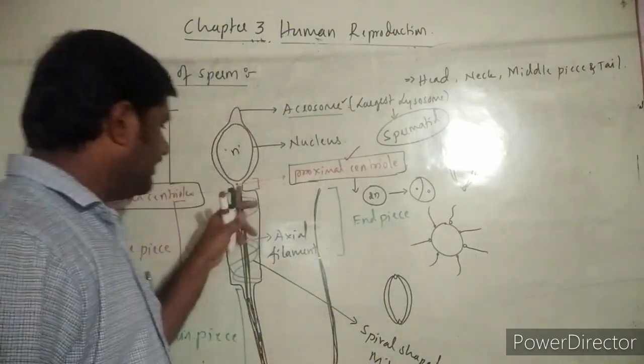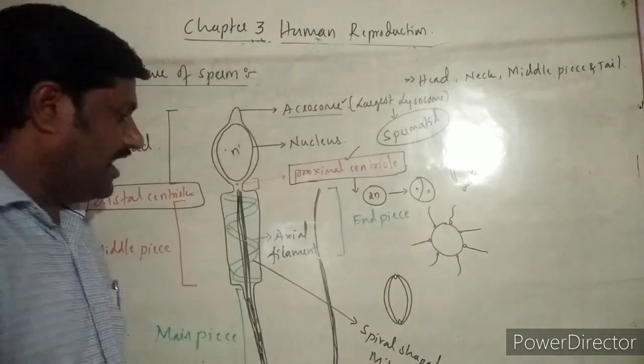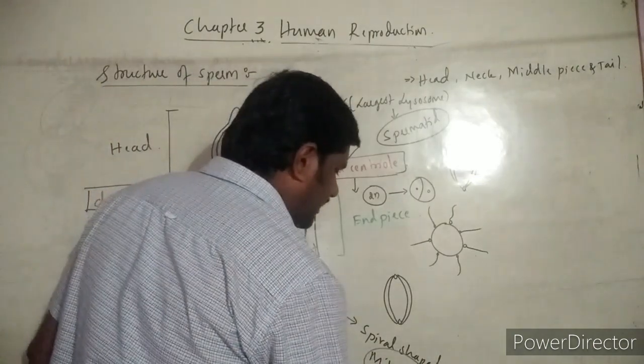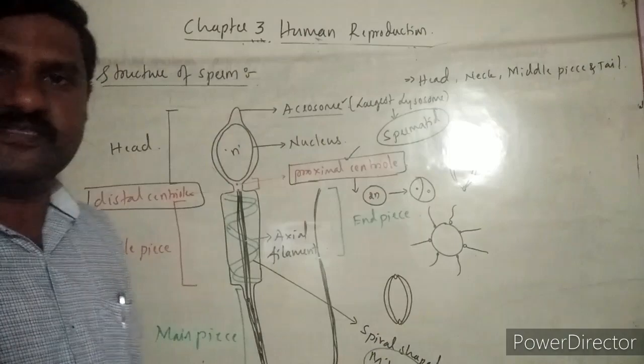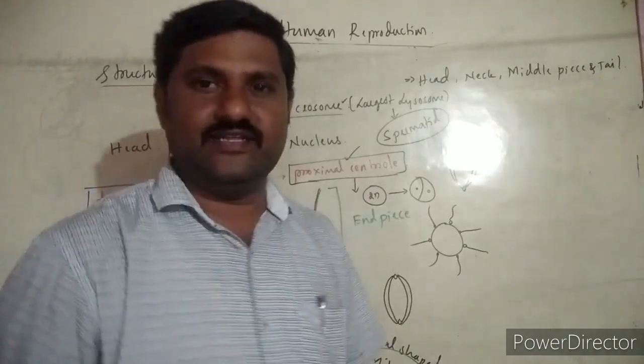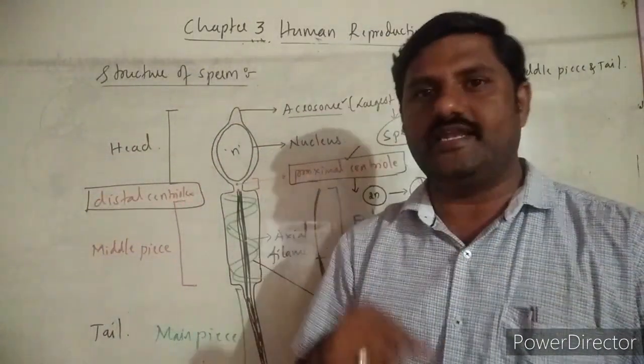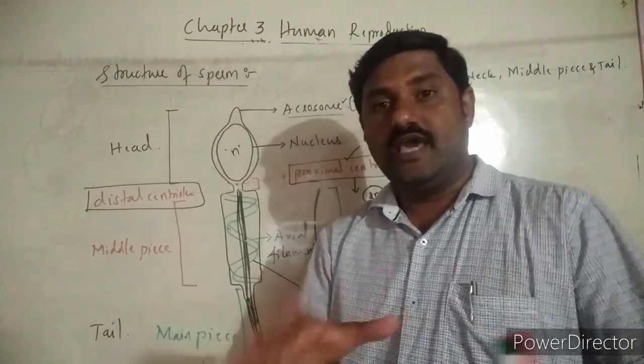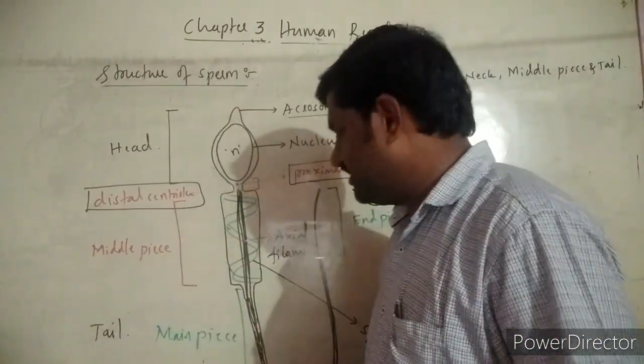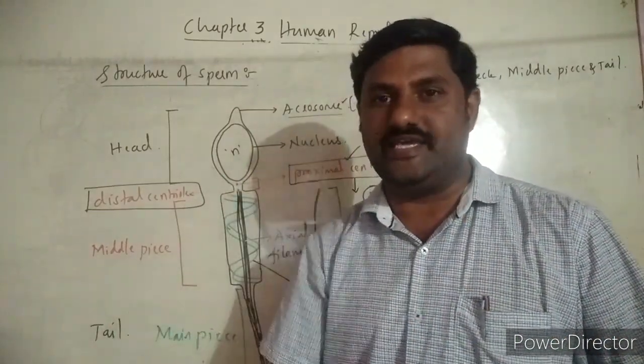This mitochondria is the powerhouse of the cell. It helps in production of energy, and that energy is utilized by the sperm for its motility.